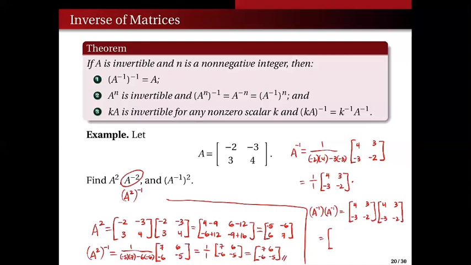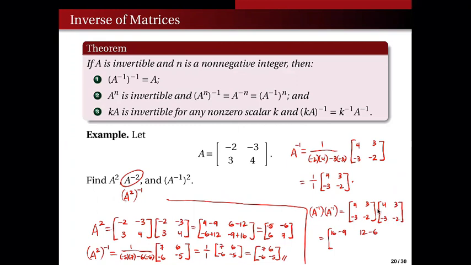This is equal to 4 times 4, that's 16, minus 3 times negative 3, that's minus 9. That's why we have here 16 minus 9. And then for the entry here, 4 times 3, that's 12. 3 times negative 2, that's 6, so minus 6.